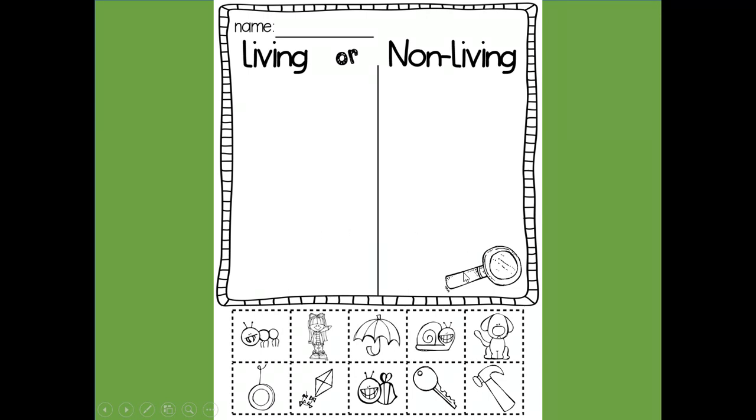If you cannot print this out, that is okay. Try your best to make the pictures yourself and put them in the correct spot, living or non-living. So try your best to draw an ant. Is it living or non-living? And put it in the correct spot. And then when you're done, take a picture and share it on Seesaw for me to see.